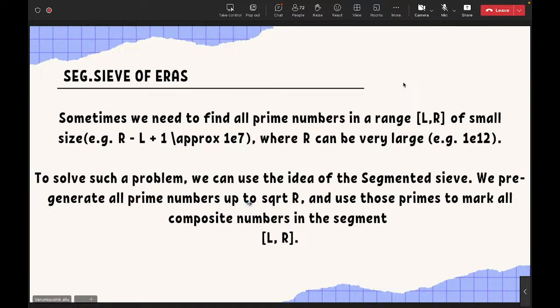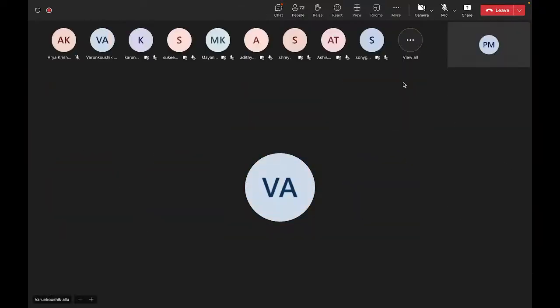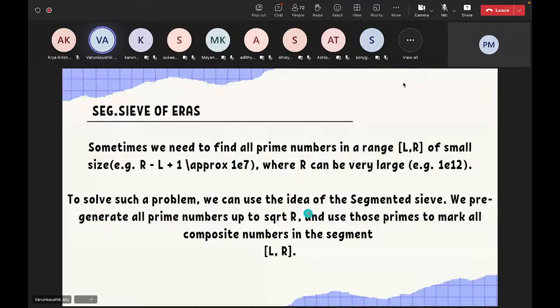If one divides any number there, it will surely divide numbers between L to R. So if we find all the prime numbers up to square root of R, then our 50% job is done. And the remaining 50% is done when we mark all the composite numbers between L to R and mark them as false, which indicates they are not primes.